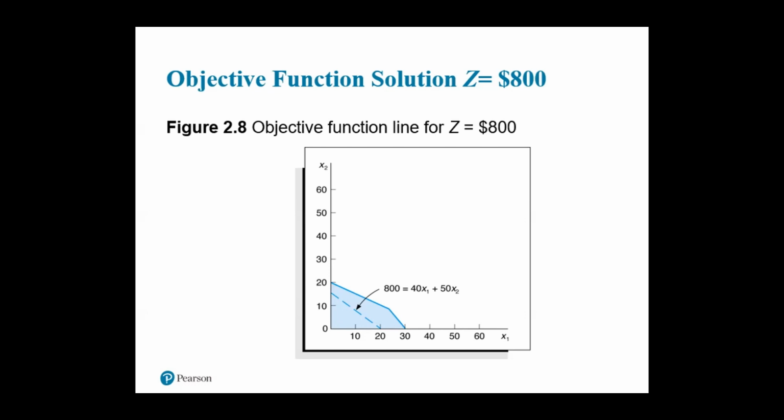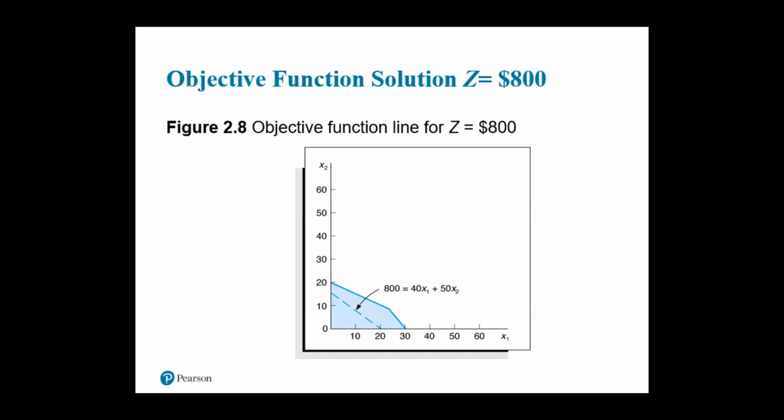Now, one of the characteristics of linear programming is that the solution is always a corner solution. We have corners A, B, C. So we call them corner solutions. It will not be the straight line part.